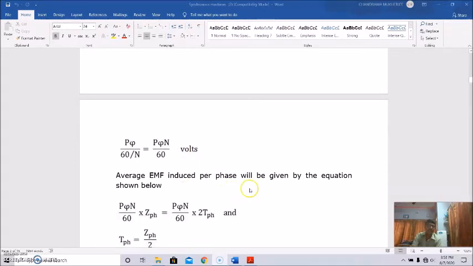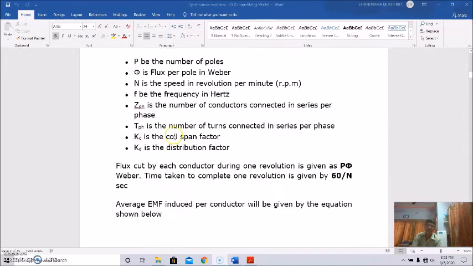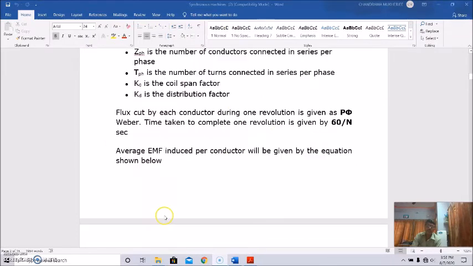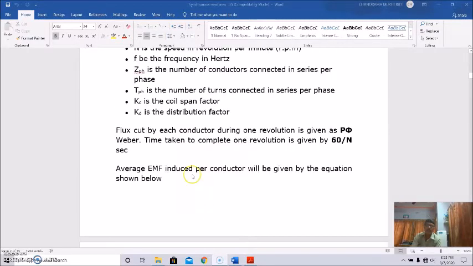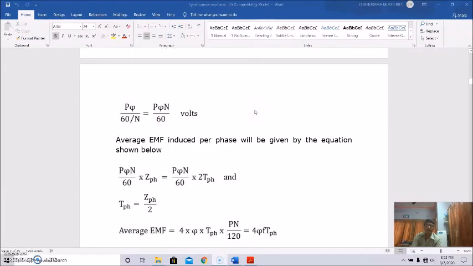Now the average EMF induced per phase is P phi N by 60 into Z phase, where Z phase is the number of conductors connected in series per phase. Z phase is twice the turns per phase, T phase, since T phase is the number of turns connected in series per phase, that is Z phase by 2.